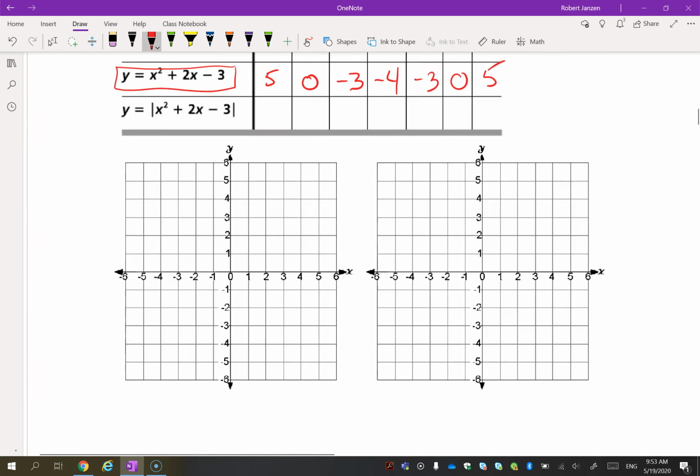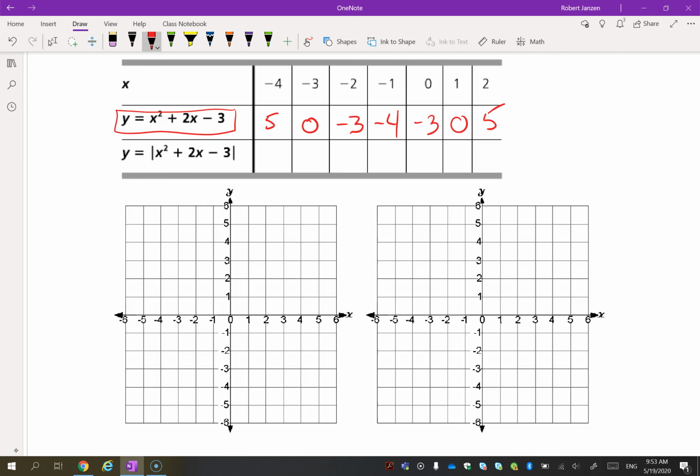Okay, so let's graph that. What does that look like? Negative 4 is a 5. Negative 3 is 0. Negative 2 is negative 3. Negative 1 is negative 4. Then negative 3.